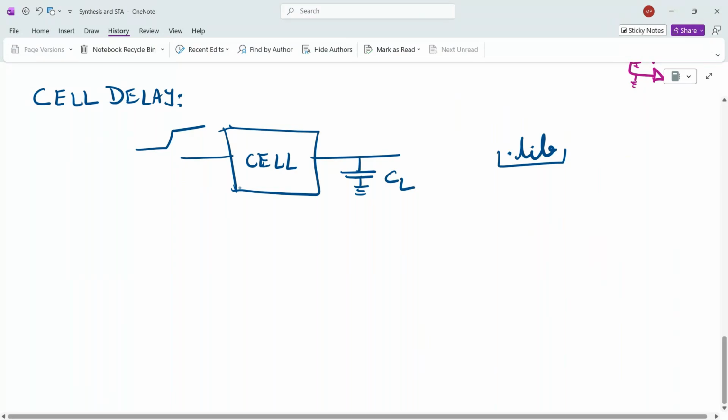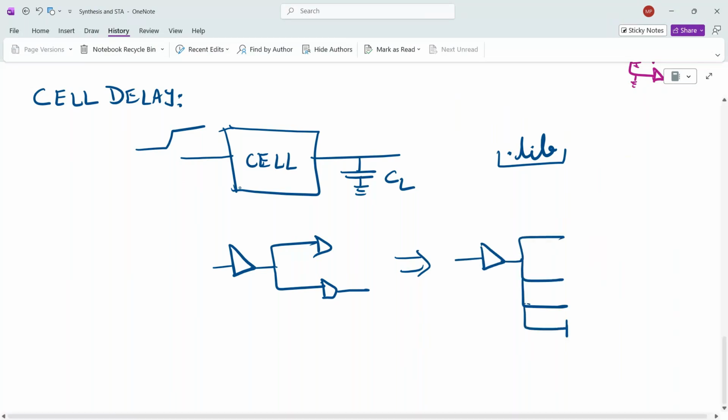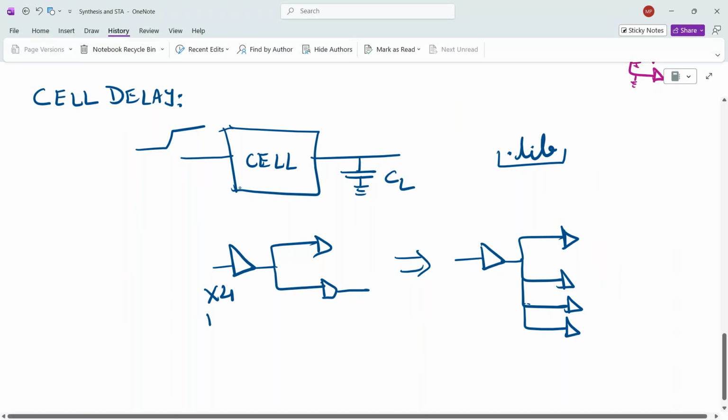Say this is some cell connected to only two loads, and the same cell is connected to four loads in another case. The cell functionality, flavor and drive strength are the same. For example, this cell has X4 drive strength and is an HVT type of cell.